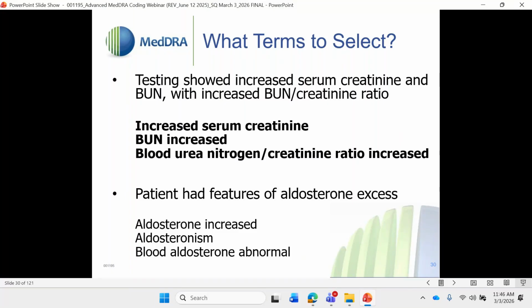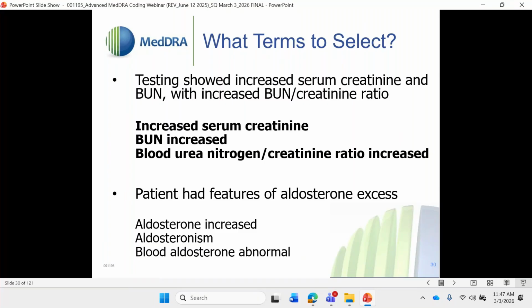Now for the next one, patient had features of aldosterone excess. Okay, and you have 3 LLTs to choose from. You have aldosterone increased, you have aldosteronism, and you have blood aldosterone abnormal. So features of aldosterone excess.